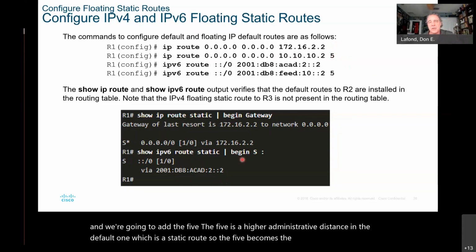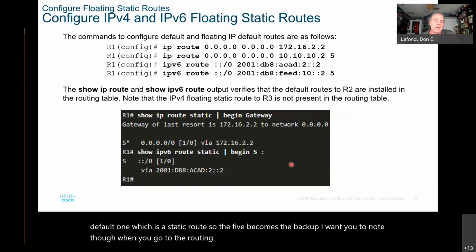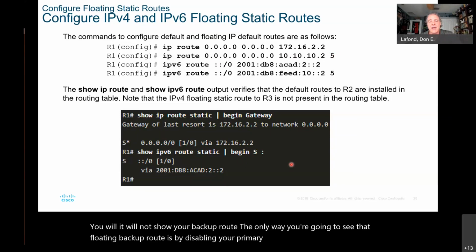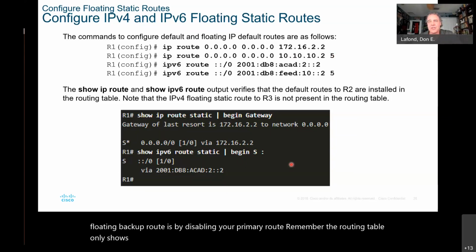I want you to note, though, when you go to the routing table, your IPv4 routing table, it will not show your backup route. The only way you're going to see that floating backup route is by disabling your primary route. Remember, the routing table only shows the best route to a distant network.